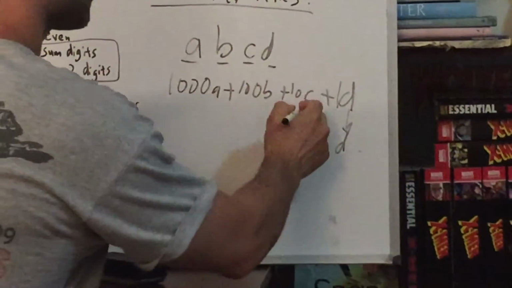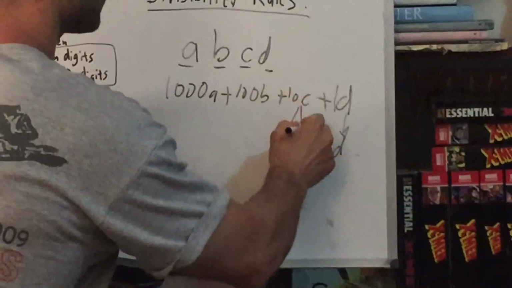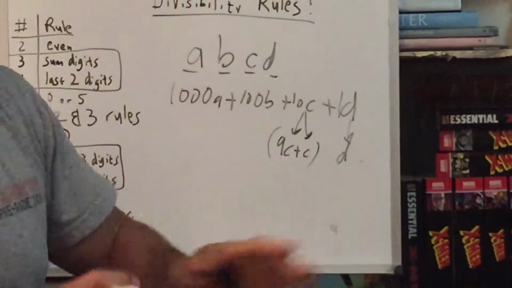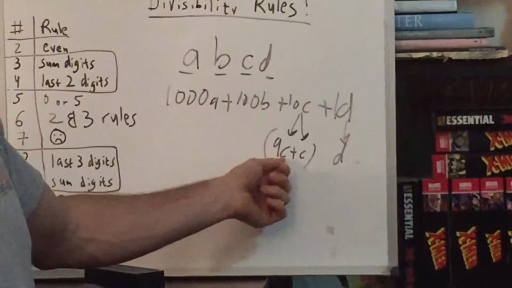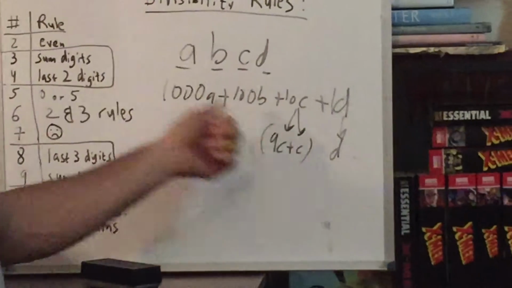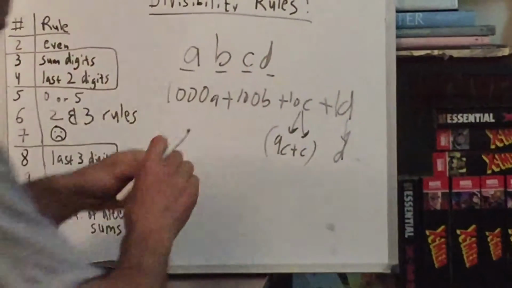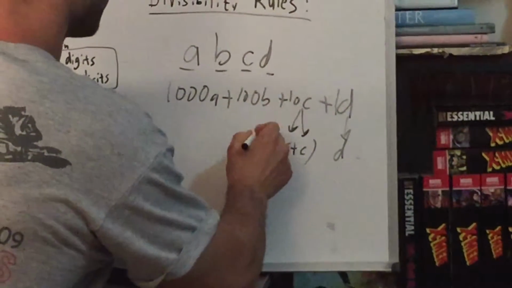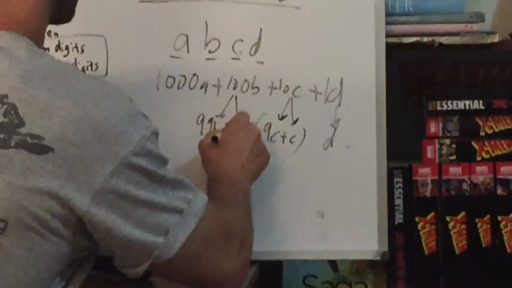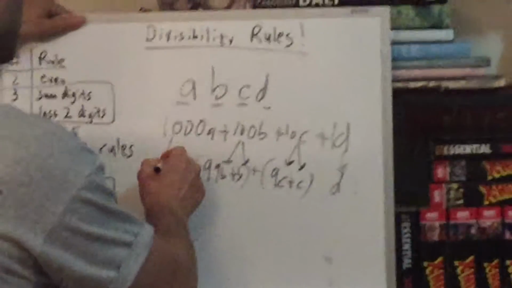Now 10C, we are going to split into 9C plus C. Why did I do that? Because 9 times a number times a whole number digit will definitely be divisible by 3. All right, let's do the same for 100, and we'll do the same thing here.